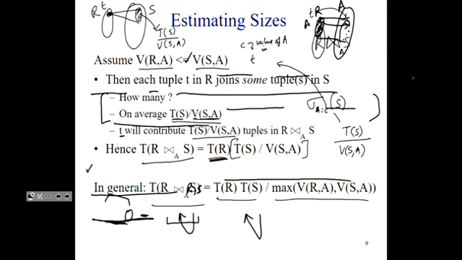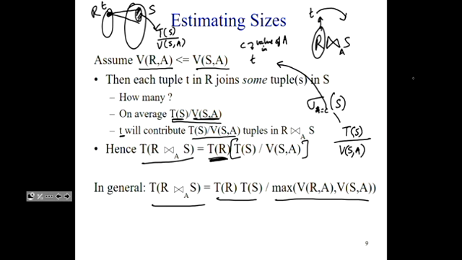So if you have R being smaller than S, then each tuple in R is going to join with a certain number of tuples in S. If S is smaller than R, then each tuple in S is going to join with a certain number of tuples in R. Okay?